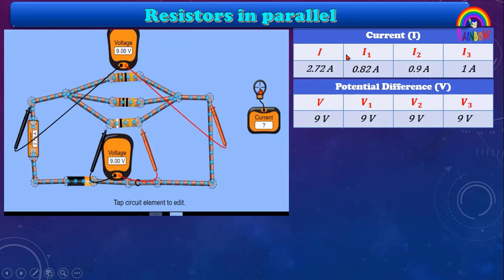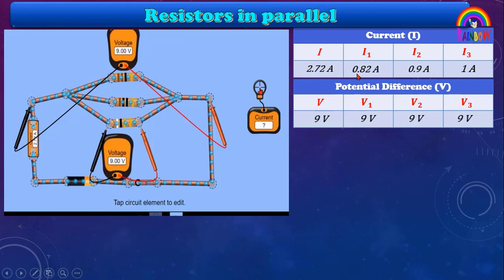But I is not the same. See here, I is different from I1, I2 and I3. Can we deduce the relationship between these 4 values? Yes. If you observe, you will find that the total current I is equal to the sum of the individual currents through each branch of the combination.